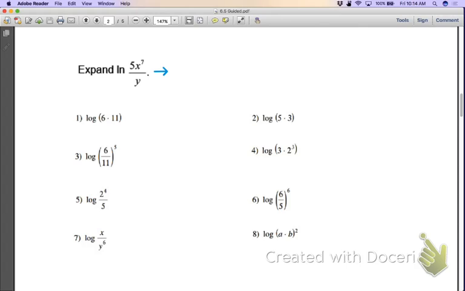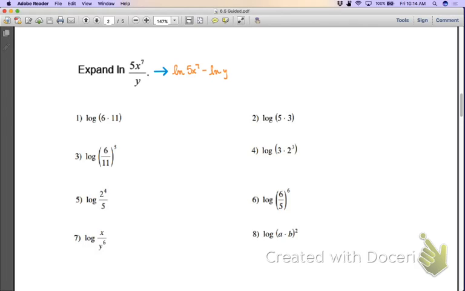So I write the natural log of 5x to the 7th minus the natural log of y. Is everybody good with what I did? Basically I took it out and it's not a fraction anymore. It's just one long line, and everything's on the same level.